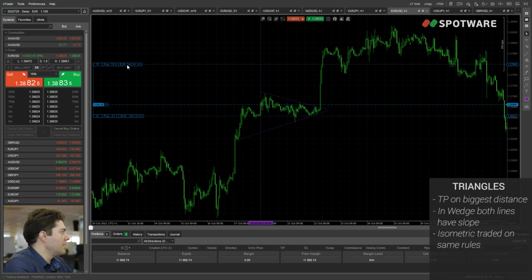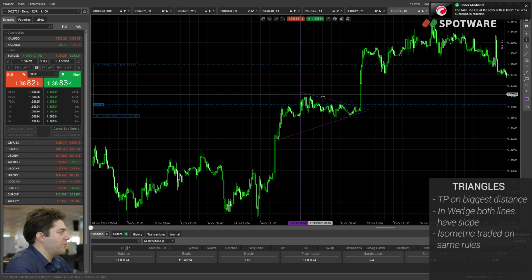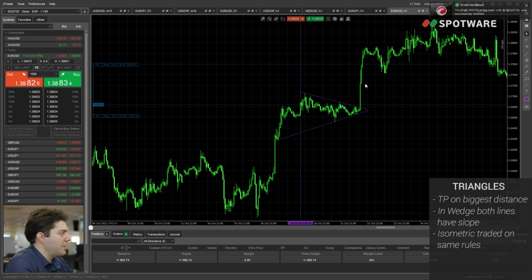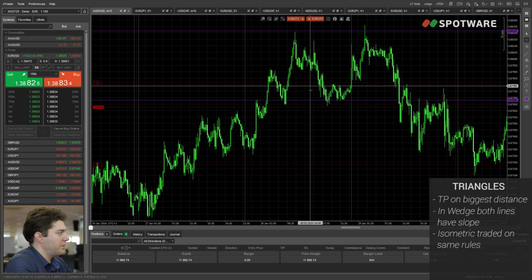to make sure. You see that with these continuation patterns, because we already have a trend moving, the break is very powerful. It's not like the reversal patterns, where there is almost always a retest of the resistance. The reason why there is always a retest of the resistance, like we've shown here, for example, is because this is a reversal pattern.